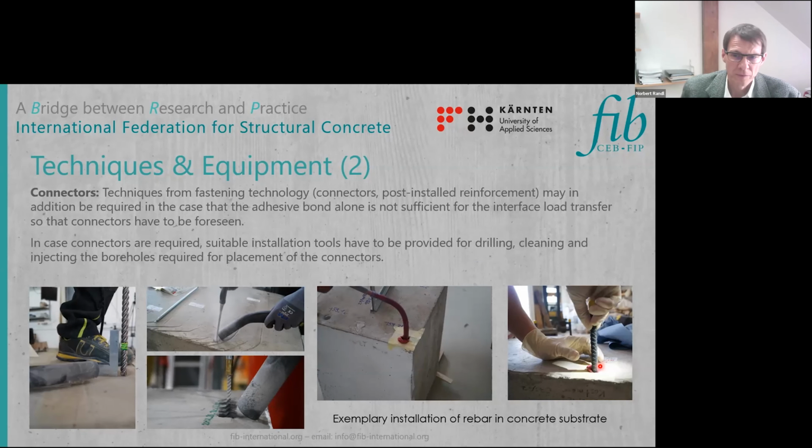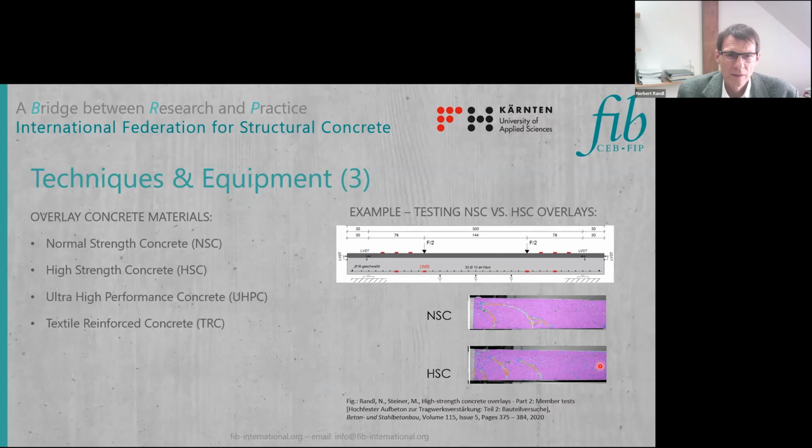Another important topic is the overlay concrete material. Usually we use ordinary concrete, meaning normal strength concrete, cast directly on the surface of the old concrete. But we have other options.